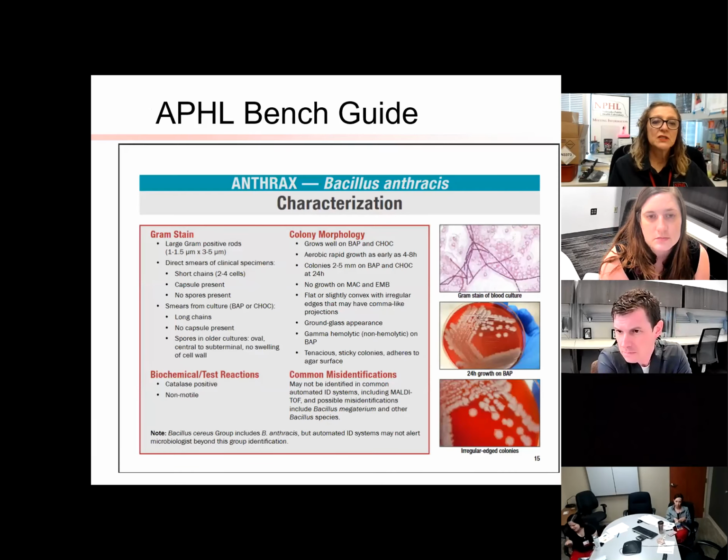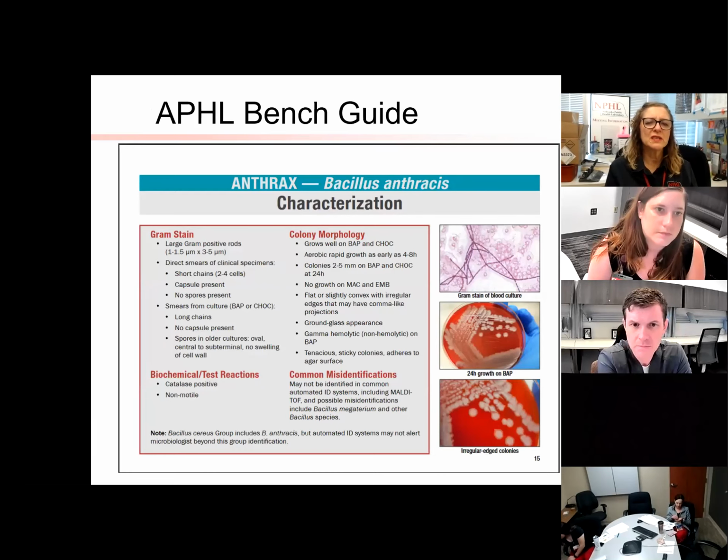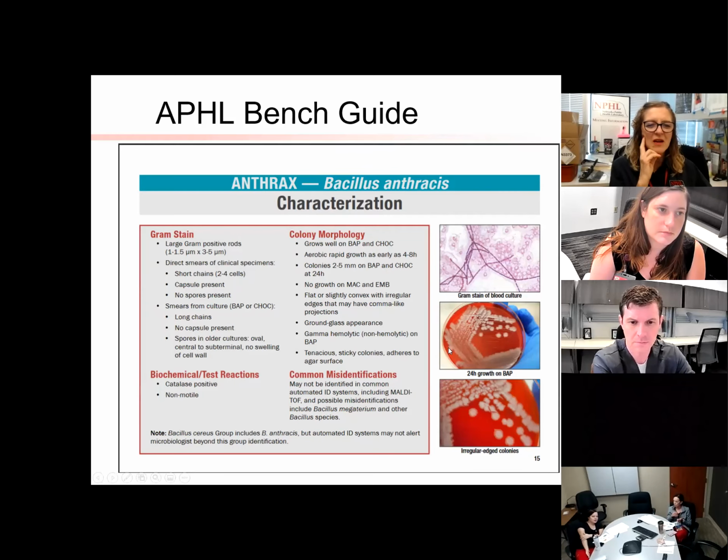All right, so I am also going to let you guys know that there are a couple of other situations, things that aren't perfect, but might still lean you toward Bacillus anthracis. And that is, there are some misidentifications.